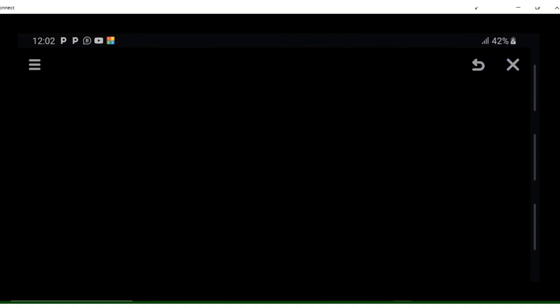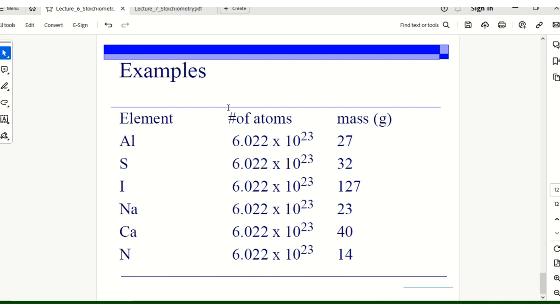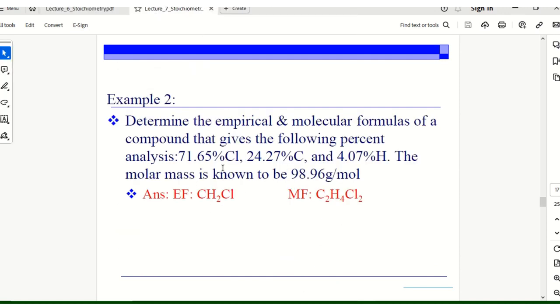The molar mass we have been given is 98.96, over our calculated empirical formula mass of 49.48.